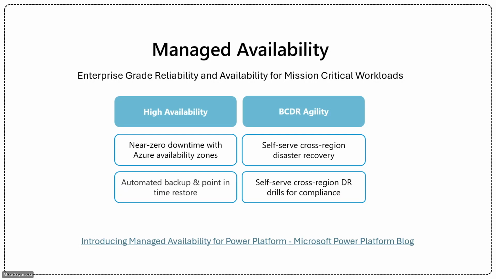They are around the availability zones, so the near zero downtime through the availability zones, the self-serve disaster recovery for the DR drills, which we're calling out for compliance here, as well as the emergency response failover in case of an outage, or in case the customer wants to test what happens if they have a data loss, but also automatic backup and point-in-time restore.